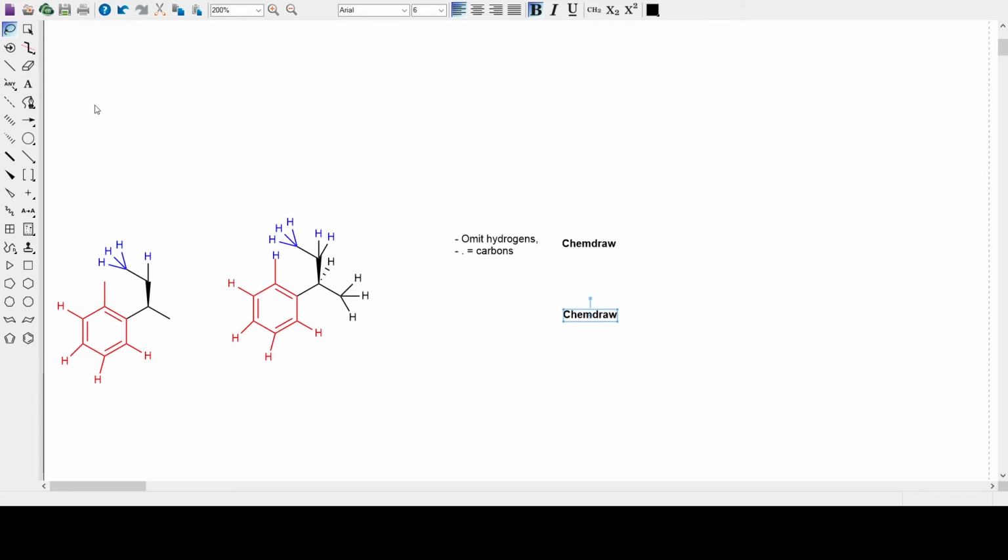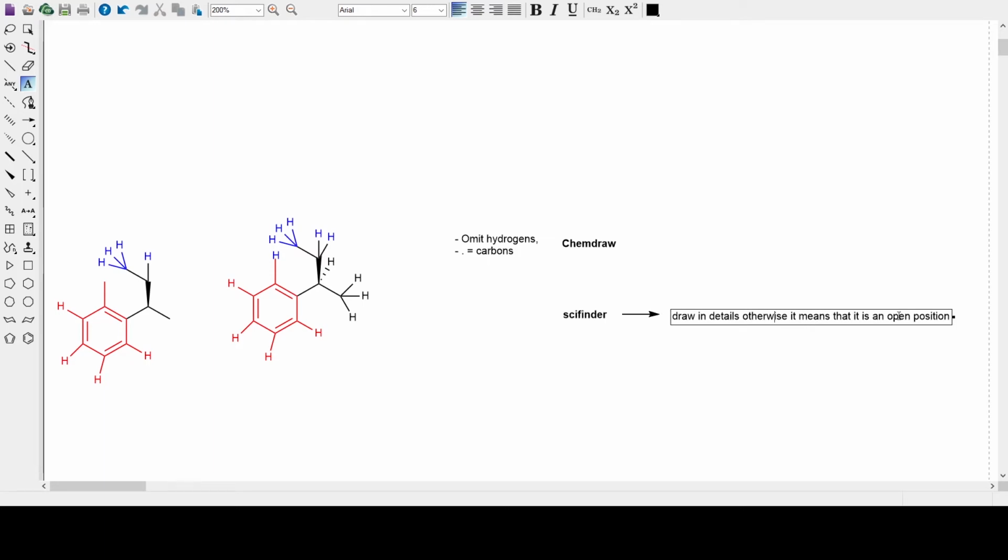With Chemdraw, if you keep this position like this, it could mean that it's any atom, okay? With Chemdraw, you need to draw it.